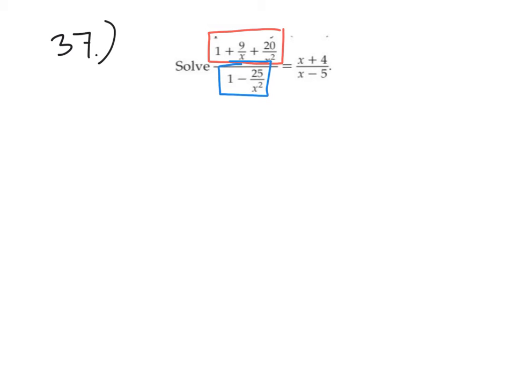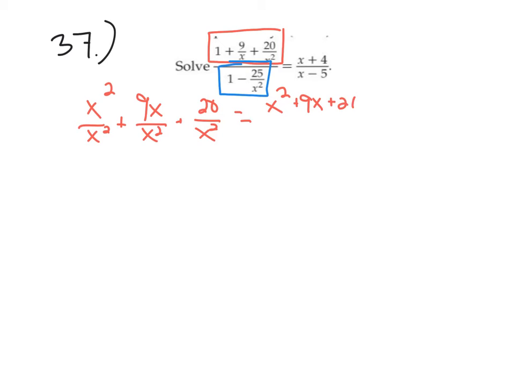So if I look in my numerator, I'd have a common denominator of x squared. So I'd have multiplied by x squared, I'd multiply this one by an x, that one would stay. So what I have here is x squared plus 9x plus 20 over x squared.